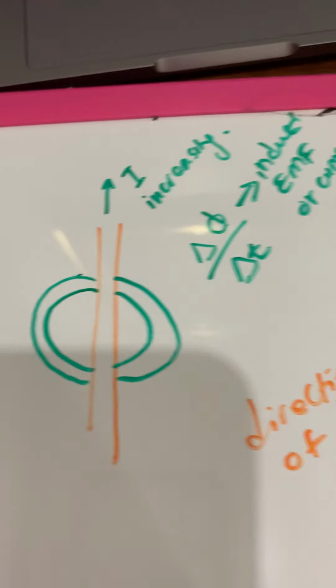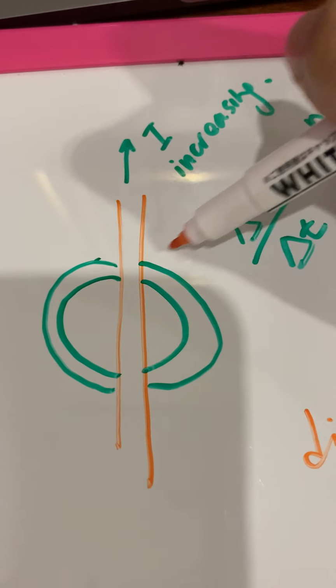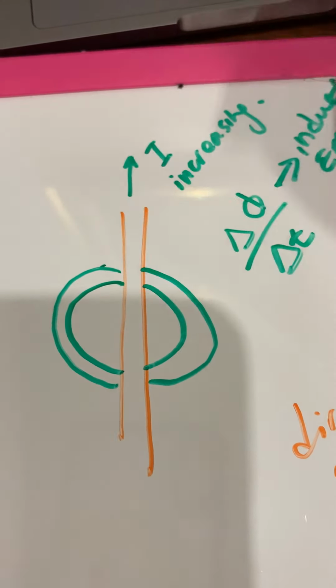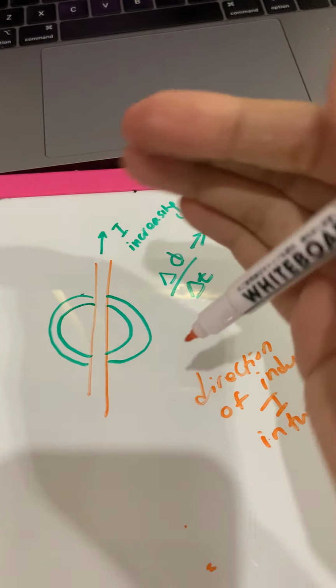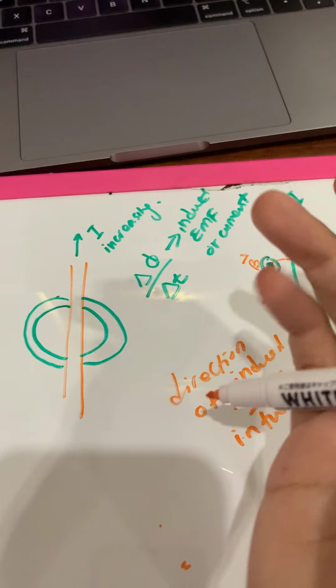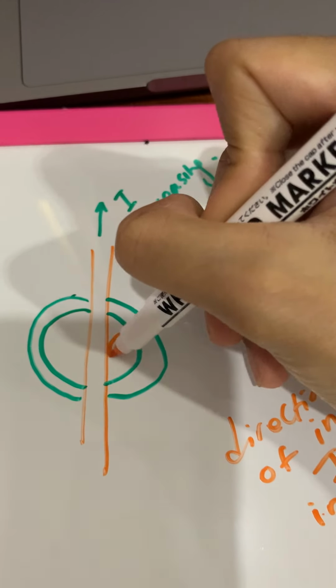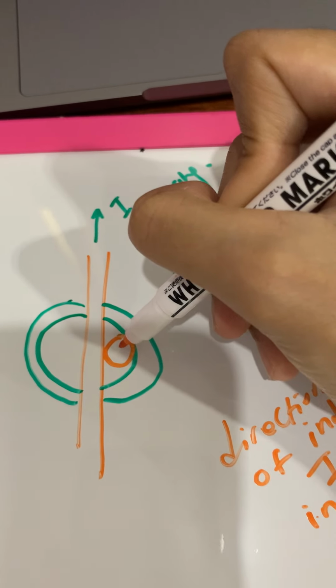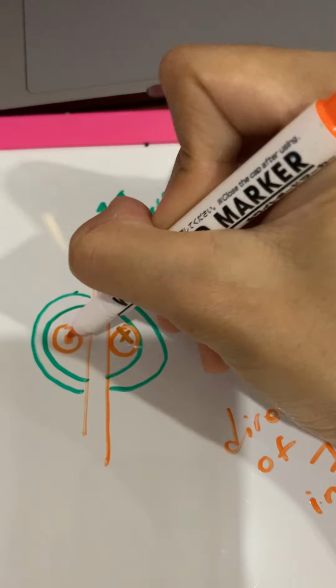Okay, forgive my writing. So let's draw the magnetic field of the wire. So as we know, using the right hand rule, my I goes up. My direction of current and my direction of magnetic field is like that, which means that my magnetic field goes into the page, into, and goes out of the page.